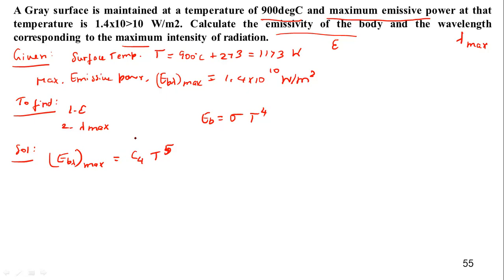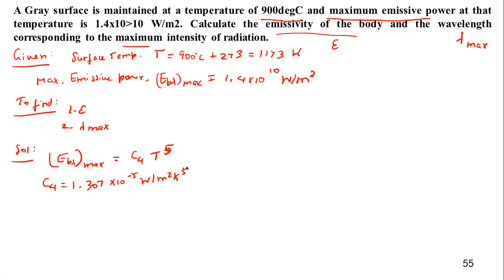We obtain the maximum emissive power as C4 into T to the fifth power. We know the C4 value from the data book, the constant value 1.307 into 10 power minus 5 watt per meter square Kelvin power 5.